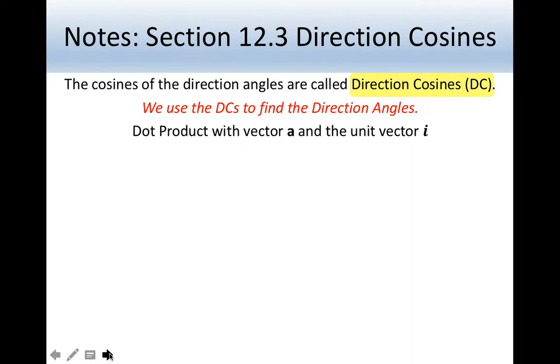I'm going to do the dot product with that vector A and the unit vector I, so just in the X direction. So there's my vector A dotted with I. And just by the definition of dot product, that's the magnitude of A, the magnitude of I, times the cosine of alpha in between them.